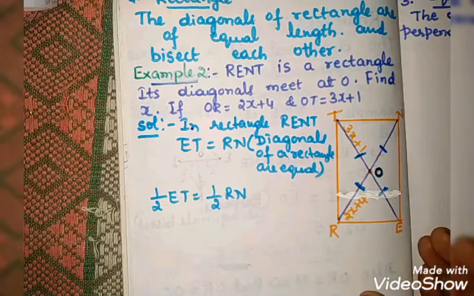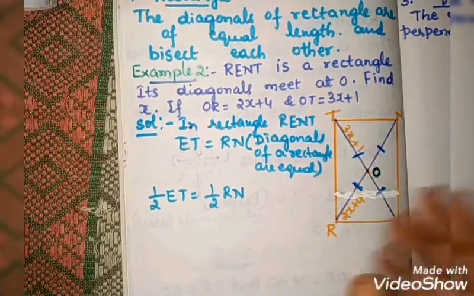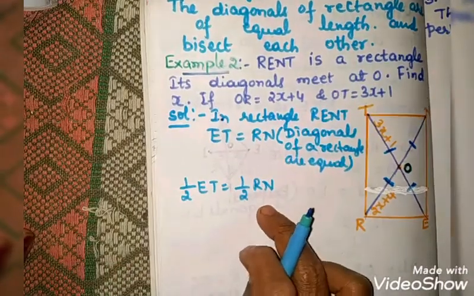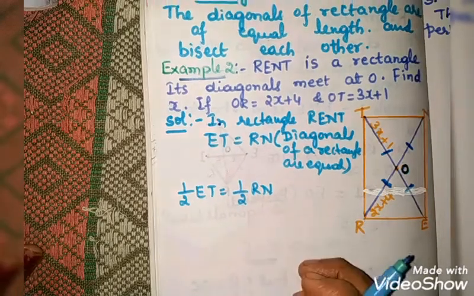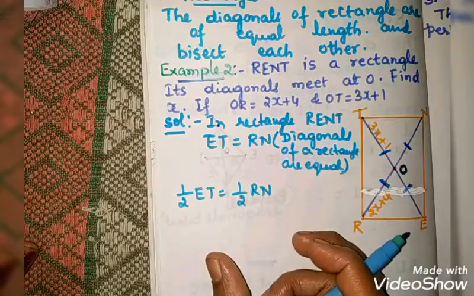It is always common sense, isn't it, children? If full length is equal, their halves are also equal. Axioms are there. In axioms we studied, in mathematics, axioms tell us that if wholes are equal, their halves are equal.